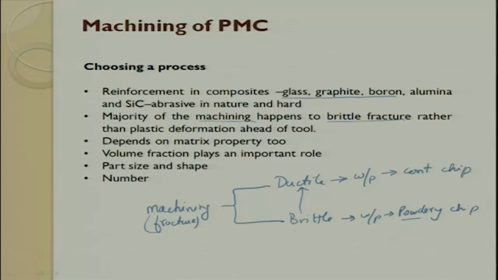Then, depending upon the matrix property, for example, a thermoplastic, when you try to drill a thermoplastic there will be a lot of temperature, as I told, and the workpiece has to take the temperature. So, when you drill a hole, the workpiece takes the temperature and then either the hole expands or contracts.